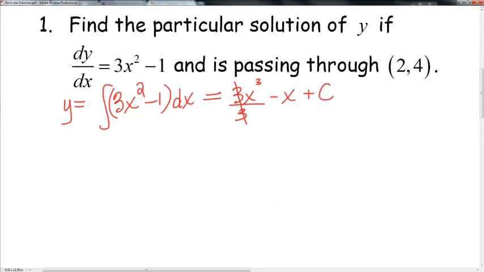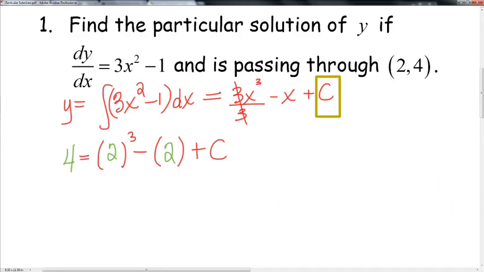And so if I want to solve for this c, then I need to plug in my point. And my point is 2, 4. So if y is equal to 4, and x is equal to 2, then I get 4 is equal to 8 minus 2, which is 6.